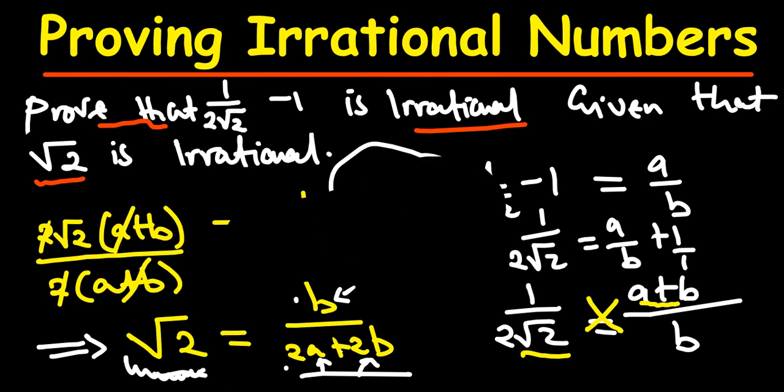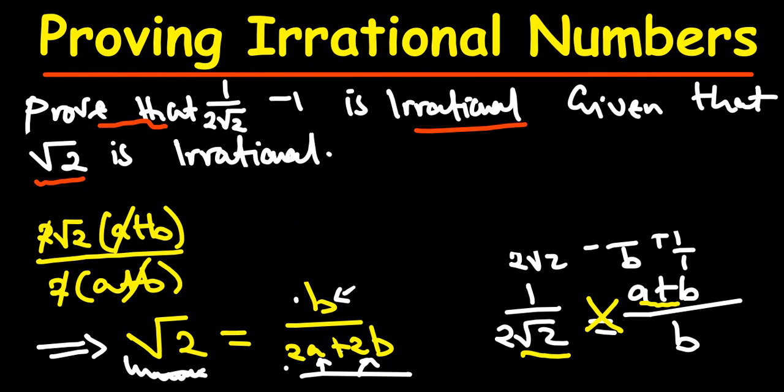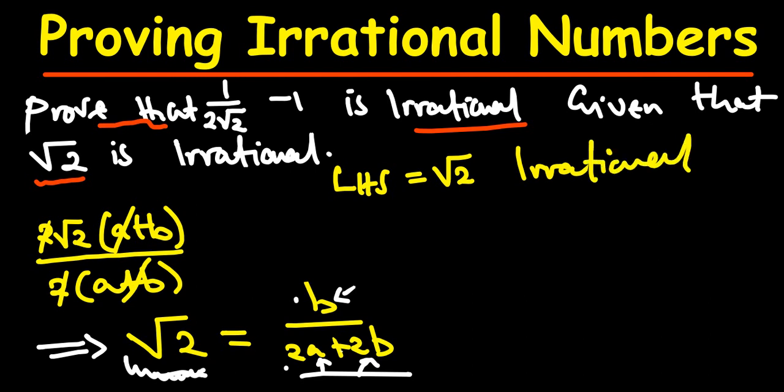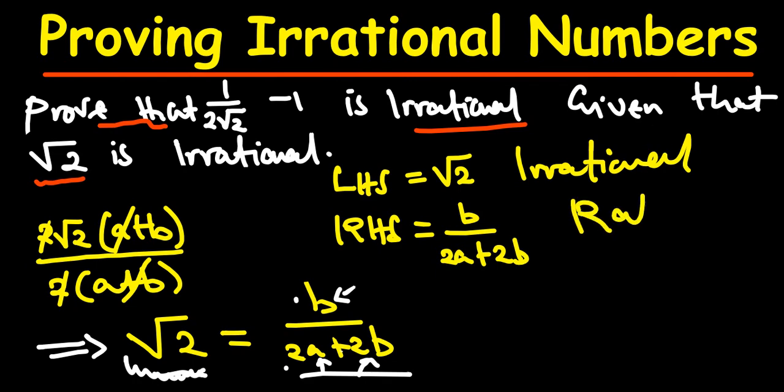So what you are going to say to finish up the proof is that my left hand side is equal to root of 2, which is irrational, while my right hand side is equal to b over 2a plus 2b, and this is rational. A rational number can never be equal to an irrational number.